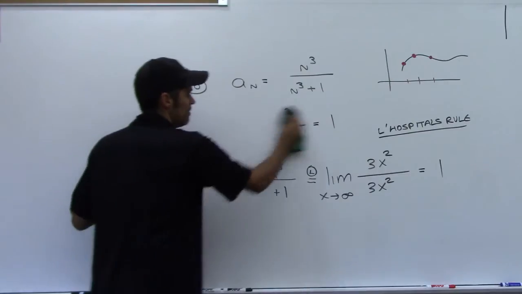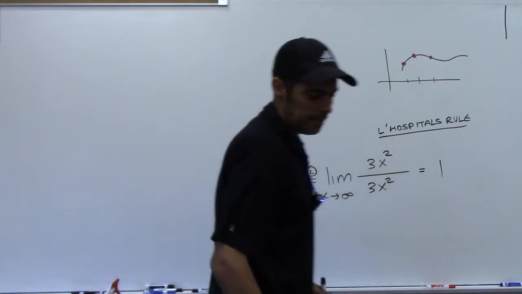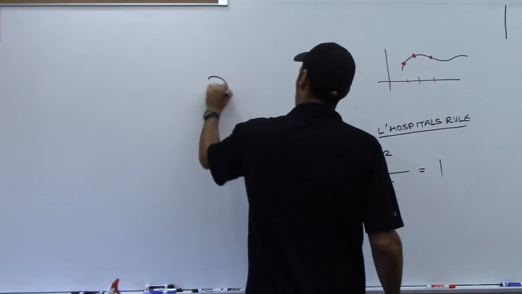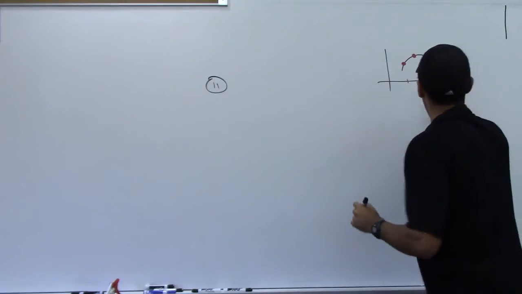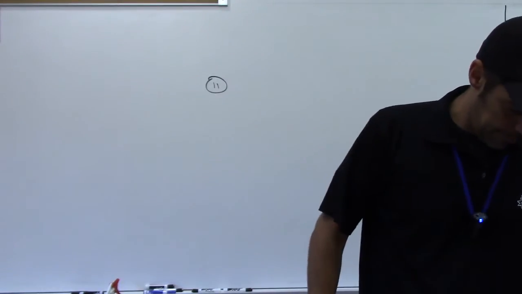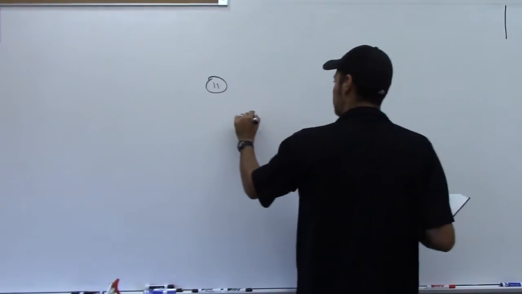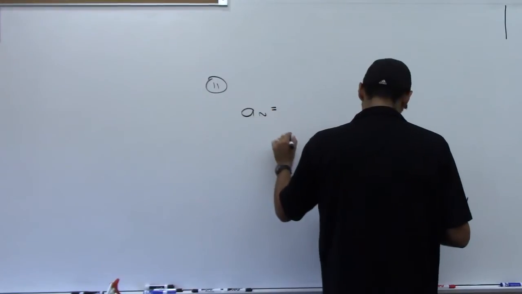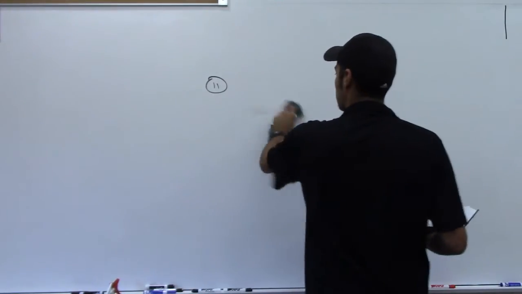So, all right, let's look at number 11, sorry. A sub n. Or I'm going to write the limit now, because that's what I'm going to be trying to do.